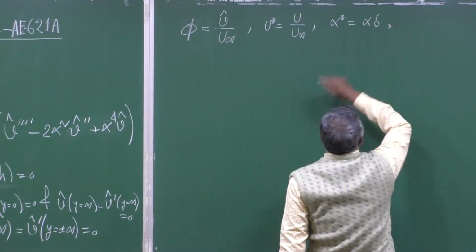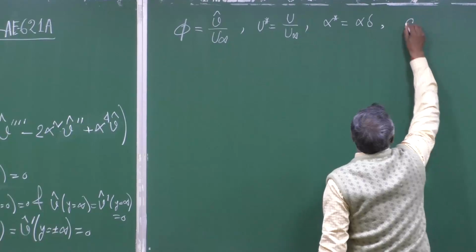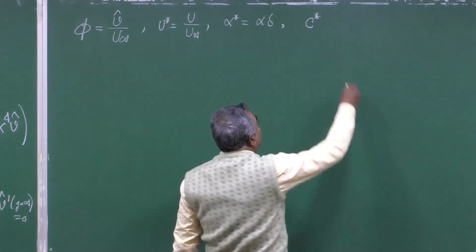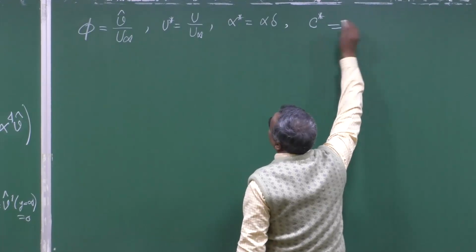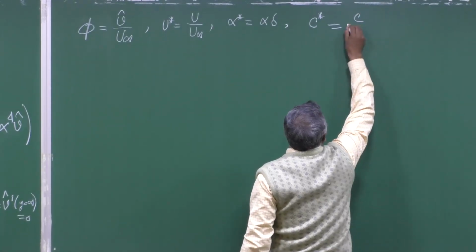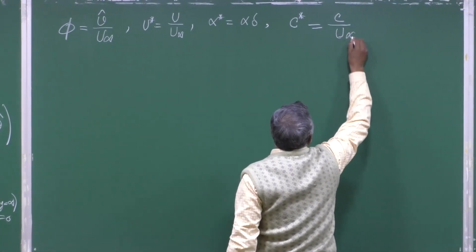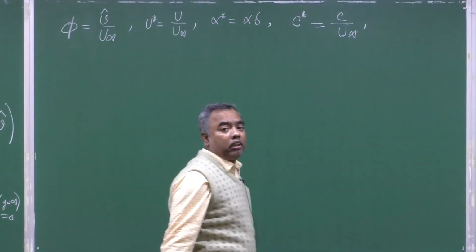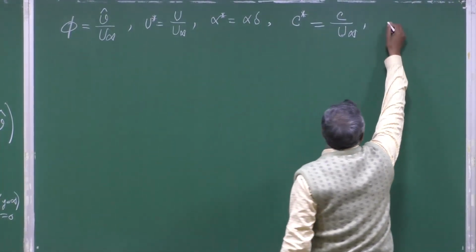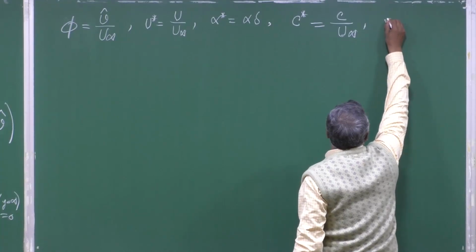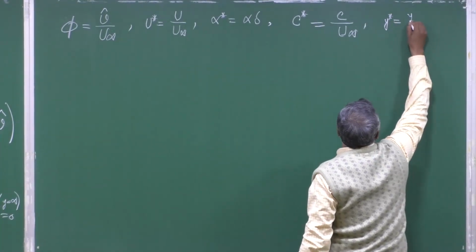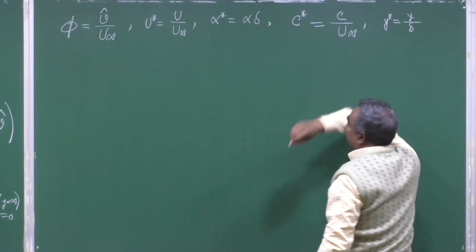So, this is one scale. Then we have C star, the non-dimensional phase velocity, which we consider to be C divided by the free stream velocity u infinity. Along with that, this equation also has y, so y star can be written as y divided by this length scale delta.